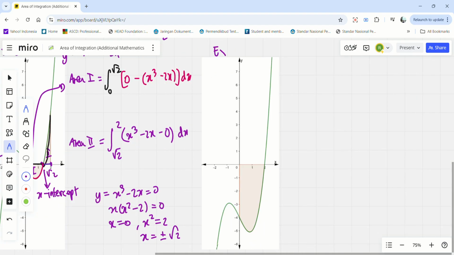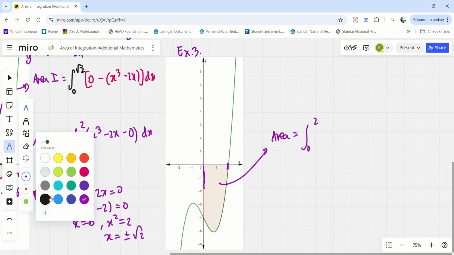Last but not least, example number 3. Now everything is beneath the x-axis, below the x-axis. So how do we set up the definite integral? The area will be from 0, the left limit, and the right limit here, 2. But who's the top, who's the bottom?